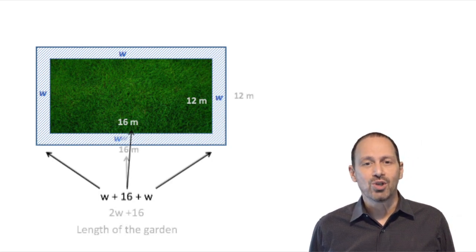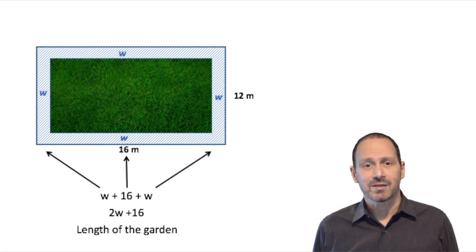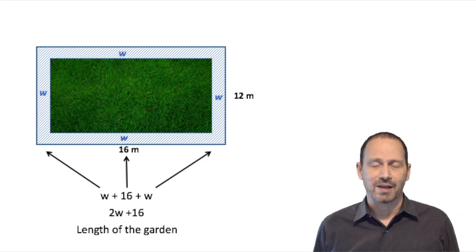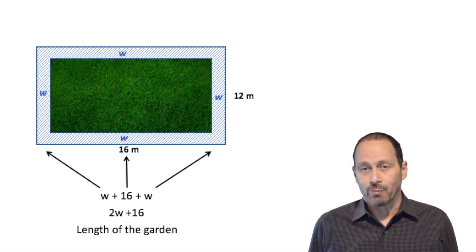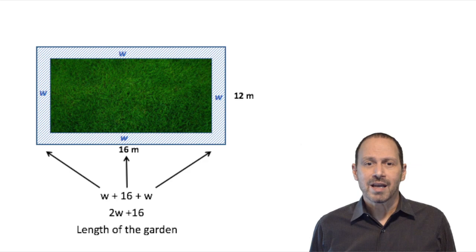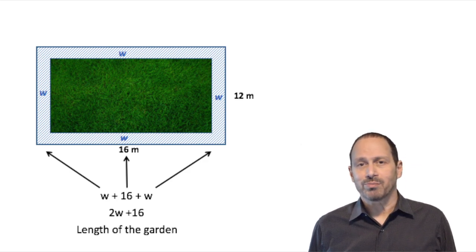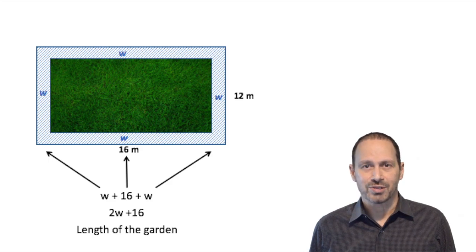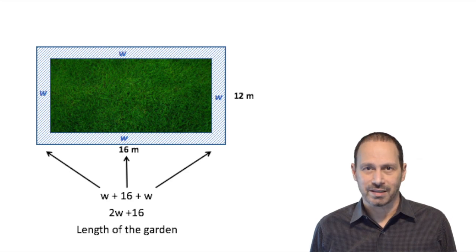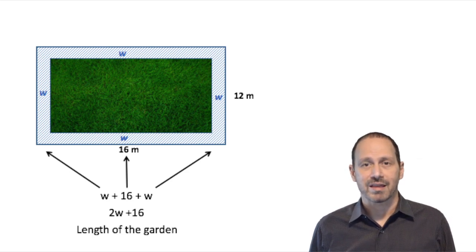So we get W plus 60 plus W is the length of the garden, of the rectangle. We can simplify this as 2W plus 60. That will be our representation of the length, the quantity that represents the length of the rectangle.